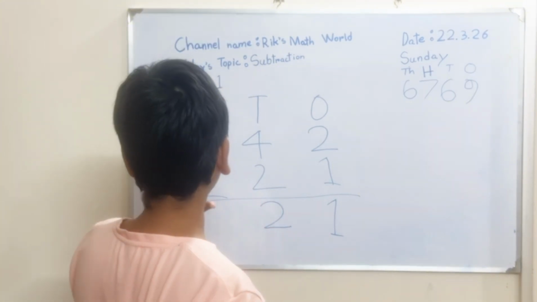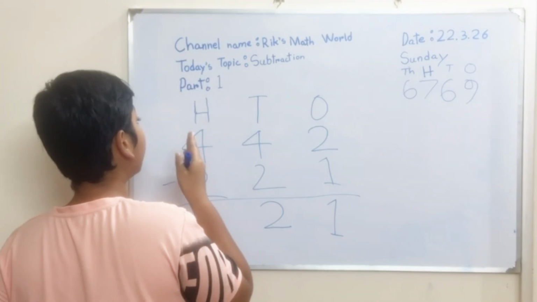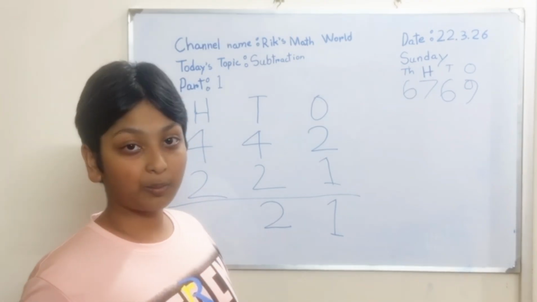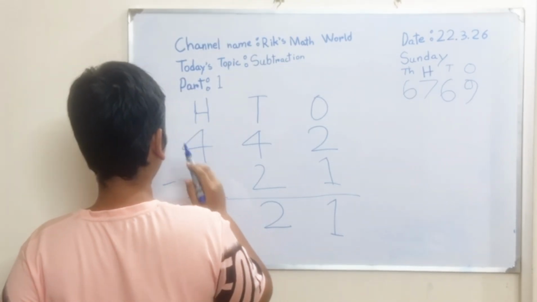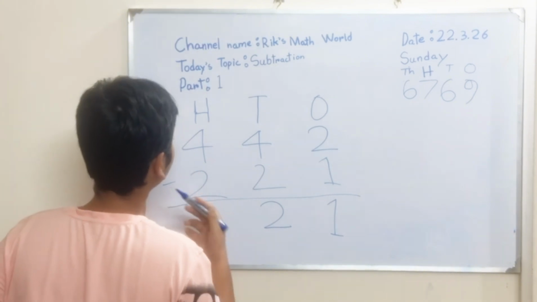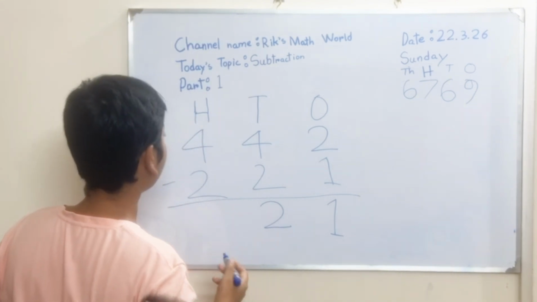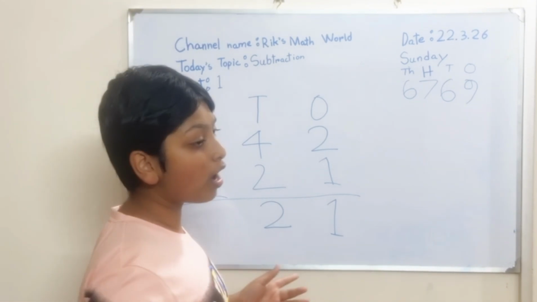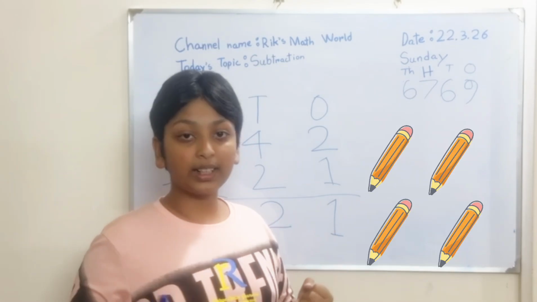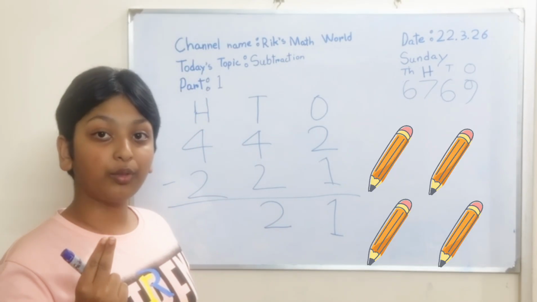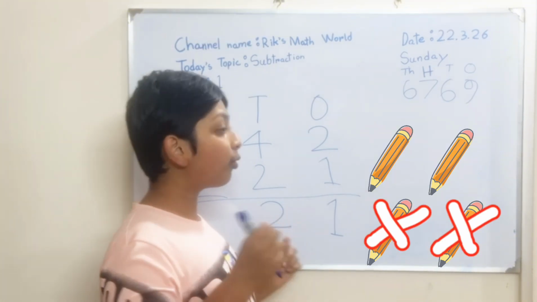Now the last one is the hundreds place in this math problem. The numbers we can see are 4 minus 2. So how can you do it? Think that you have 4 pencils and you want to give 2 of them to your friend.